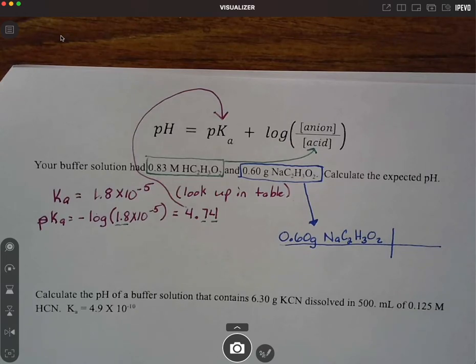Sodium plus C2. You guys get something in the ballpark of about 82-ish? Okay.